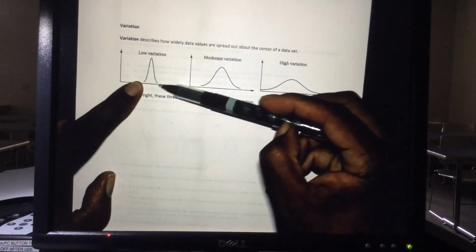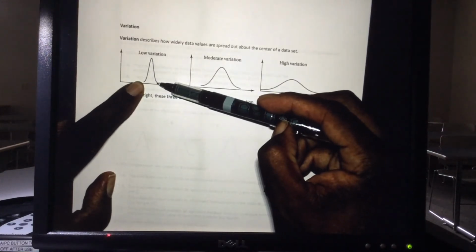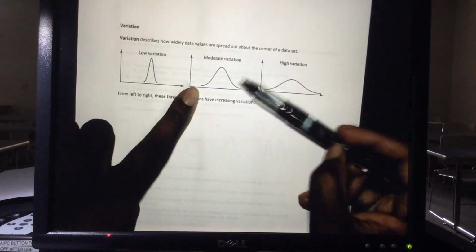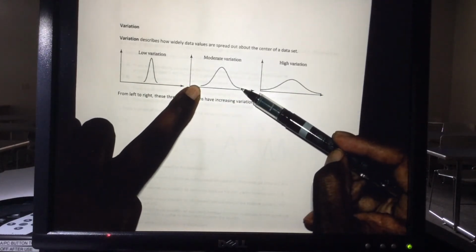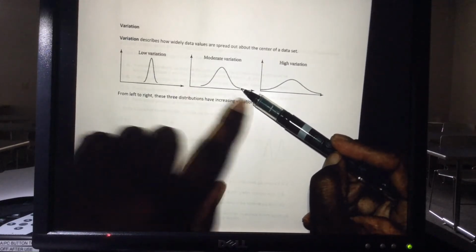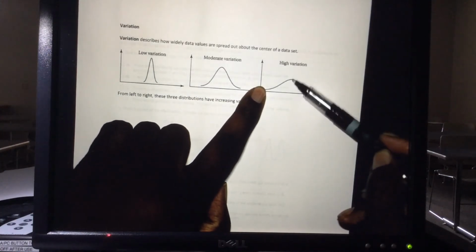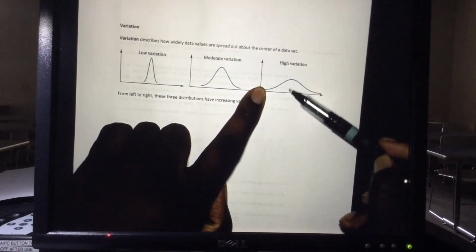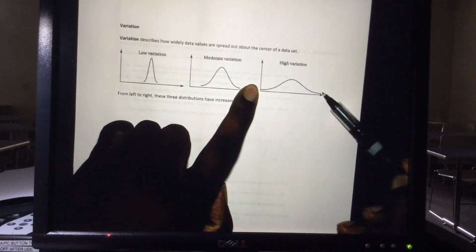Tall and skinny is going to be a low variation because there's not much spread in that data set. Moderate would be something normal like this one right here. But for a high variation, if you notice, this hump shrinks. The smaller this hump gets, that means that there is more variation here.